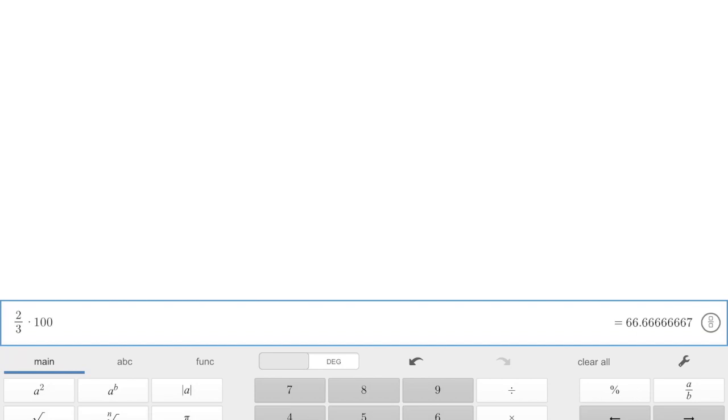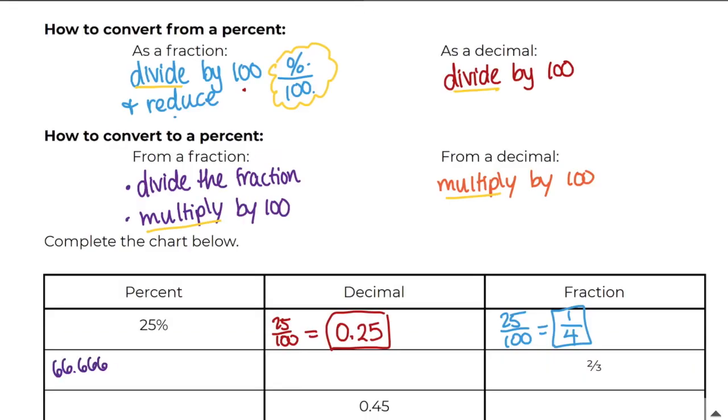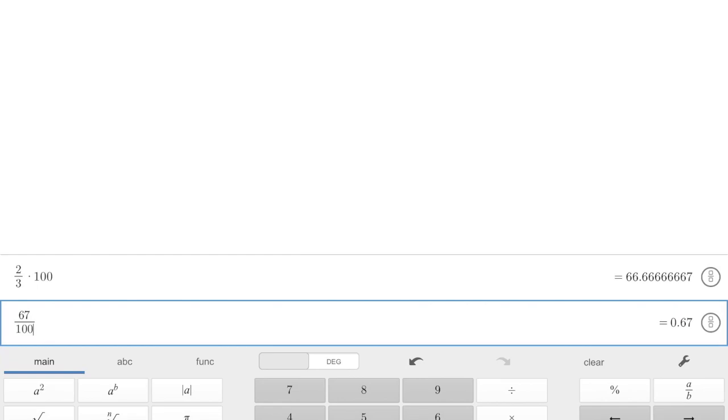I'll round it to the nearest whole percent, so this 6 would bump up to a 7. So we would say 67%. As a decimal, it would be 0.67, because when I divide 67 by 100, I get 0.67.